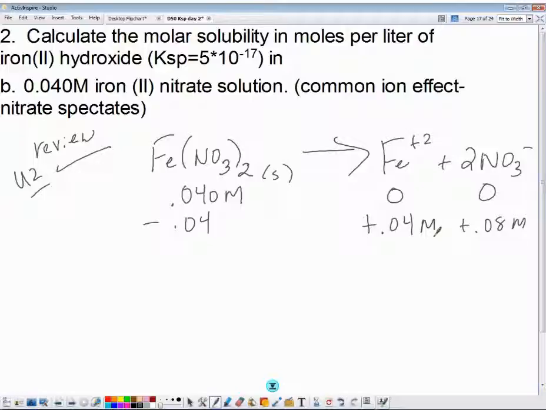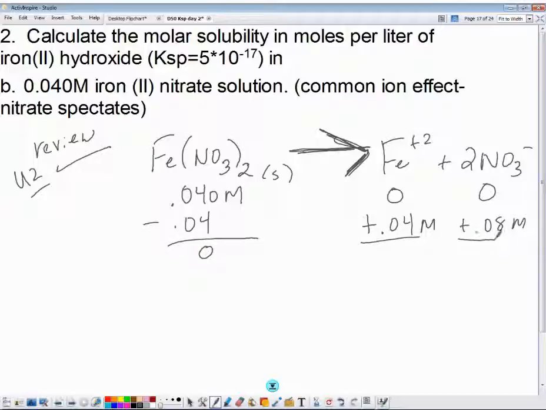Now, why am I not putting X here? Because it dissolves completely. I don't have an equilibrium sign up here. I have a single arrow sign. So that means the difference between equilibrium and a single arrow is that I can know the limiting reactant on this side is going to turn into 0.